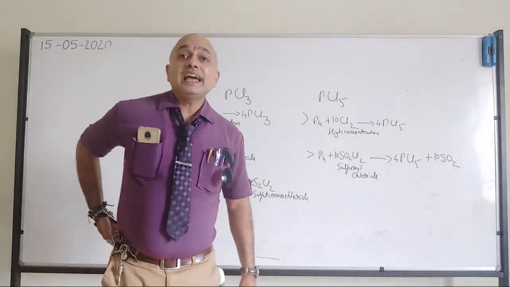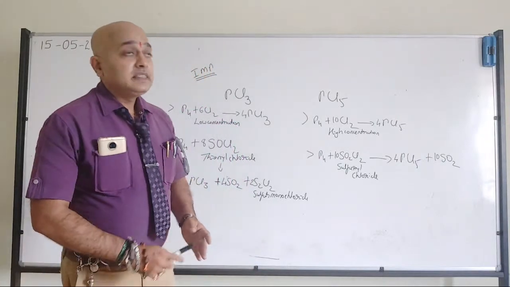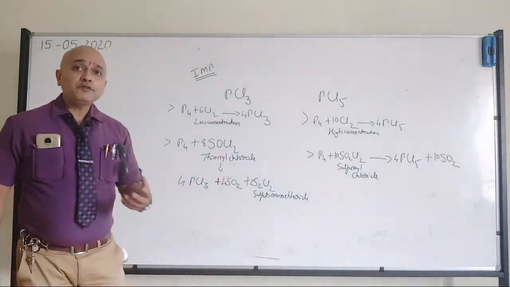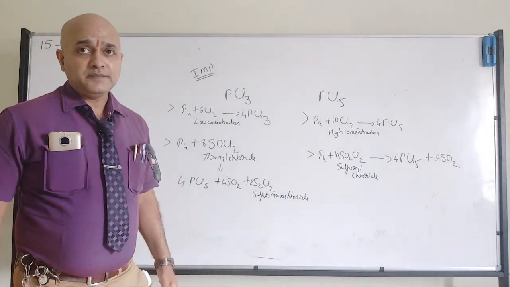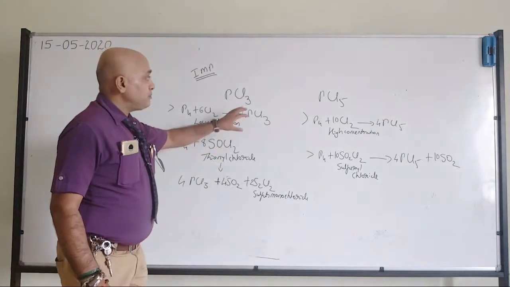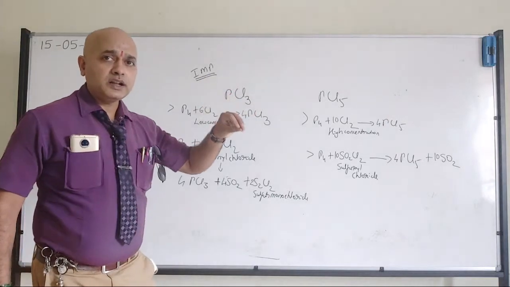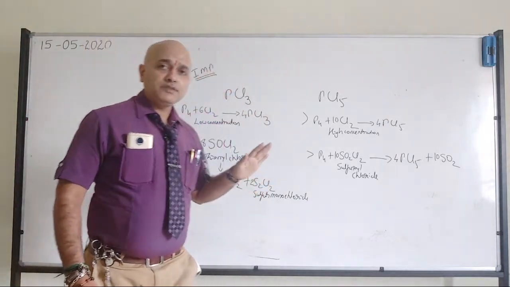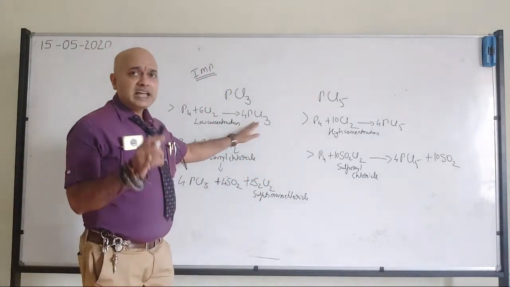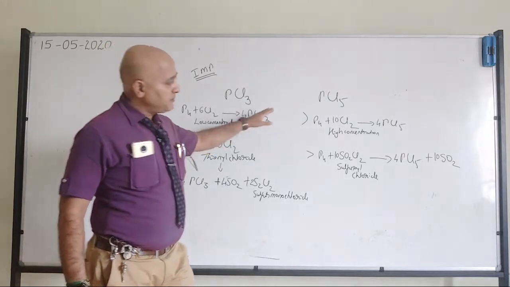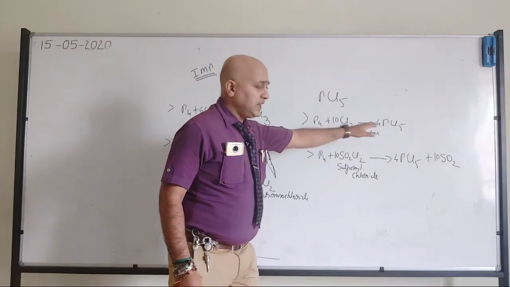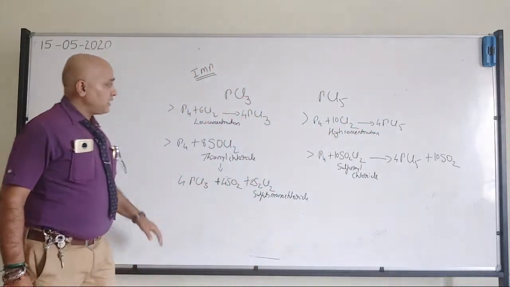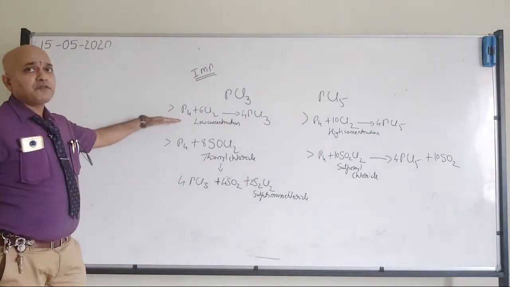The question can be, this was asked: name the product formed when white phosphorus is treated with a low concentration of chlorine. The answer should be PCl3. You can just write the molecular formula or the name of the molecule, anything is fine. That one word will fetch you 1 mark. The same white phosphorus with a high concentration of chlorine will form PCl5. This question was there for 1 mark.